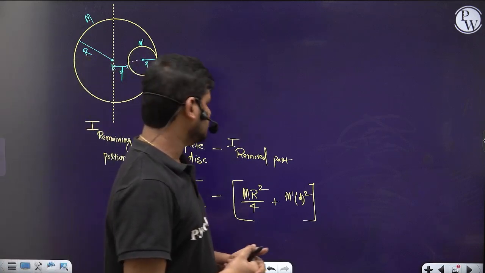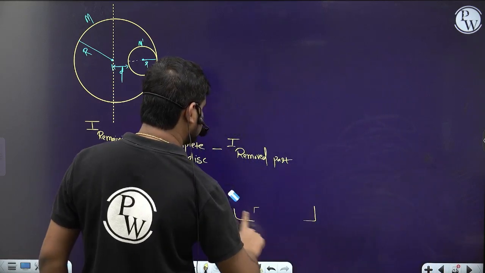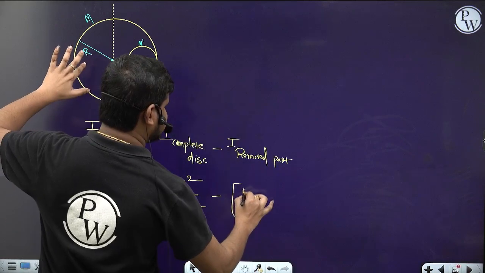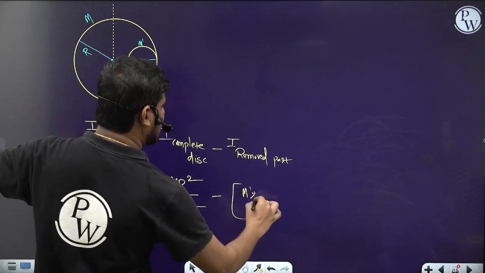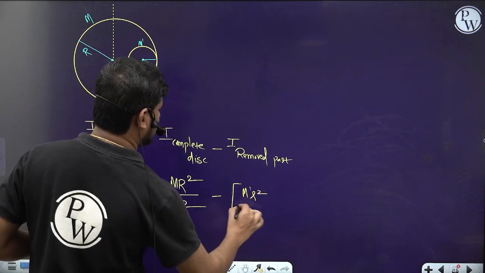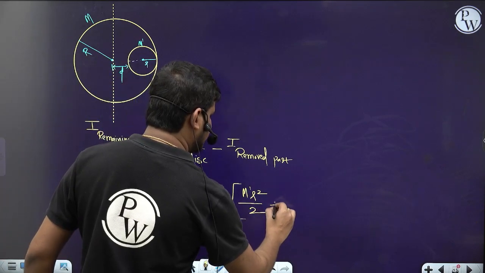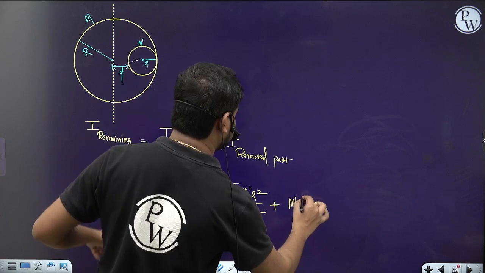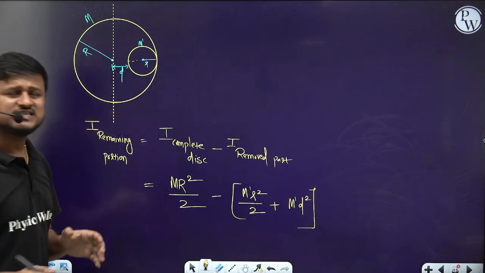Or else you can also write this simply as M dash R square by 2, plus M dash into the distance, d square. This way also you can write. Yes or no? The simple one.